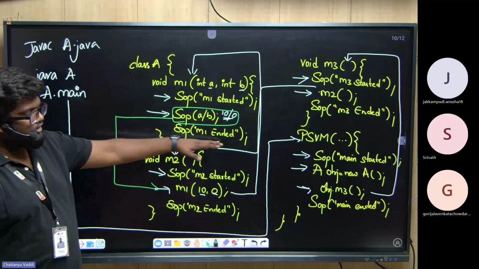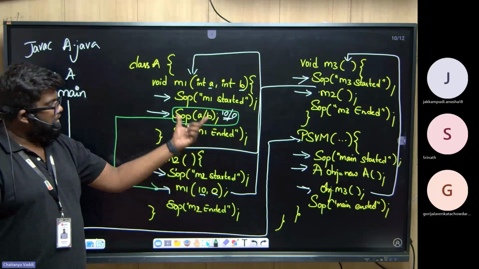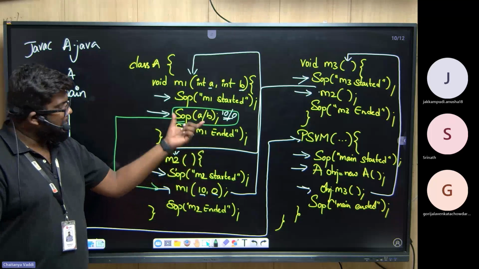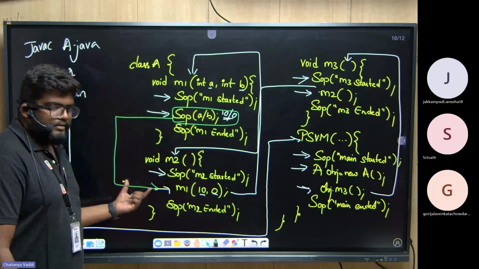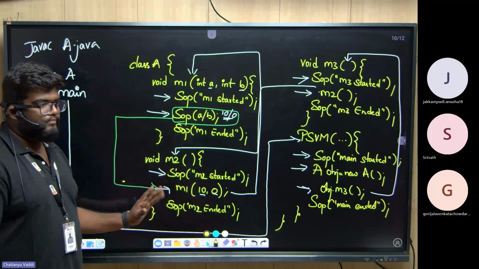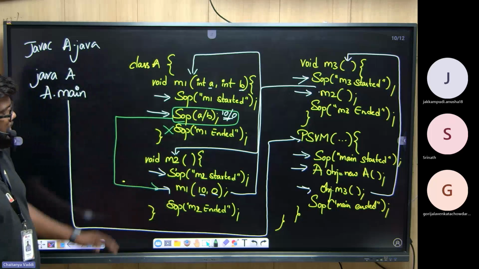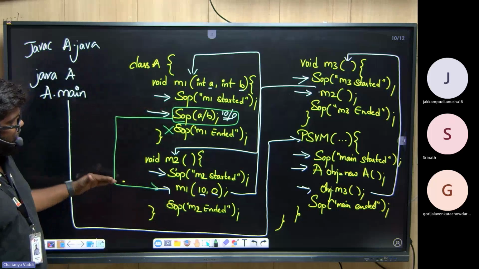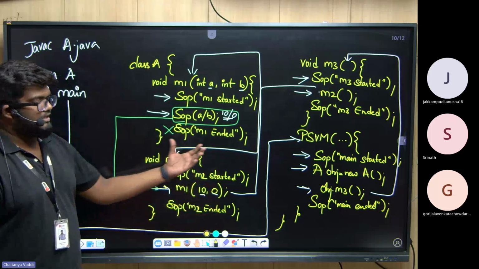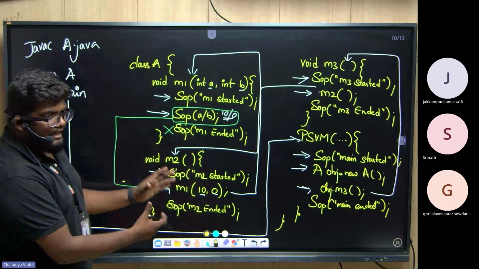It hasn't executed this statement yet, but it went out of the method to check whether the exception is handled here or not. Now it is never going to execute this statement. It comes back to the M2 method and checks whether the exception is handled here or not, and as we can see, we haven't handled anything there.